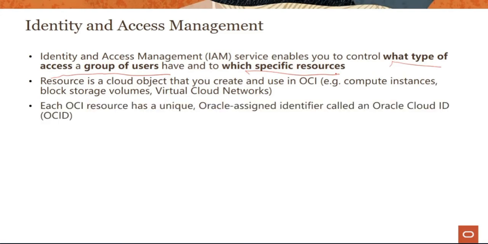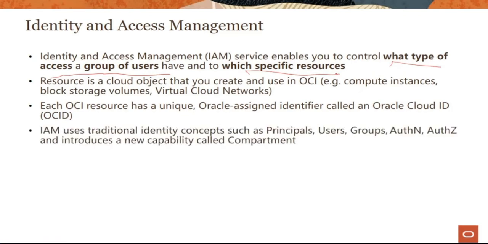Each OCI resource has a unique, Oracle-assigned identifier called an Oracle Cloud ID, sometimes also called an OCID. Now this service uses traditional identity concepts such as principals, users, groups, authentication and authorization, and there is a new capability called compartment. We'll look into each of these in greater detail.